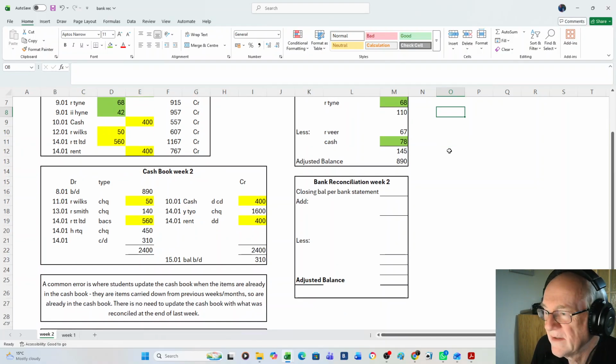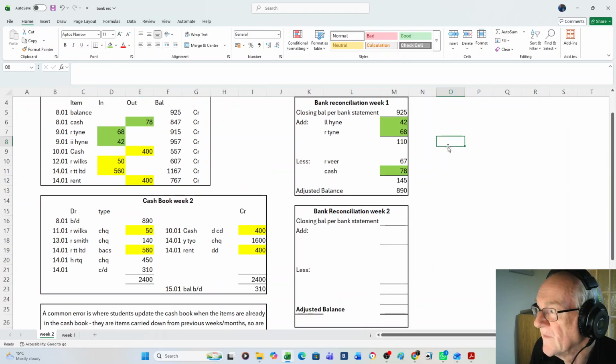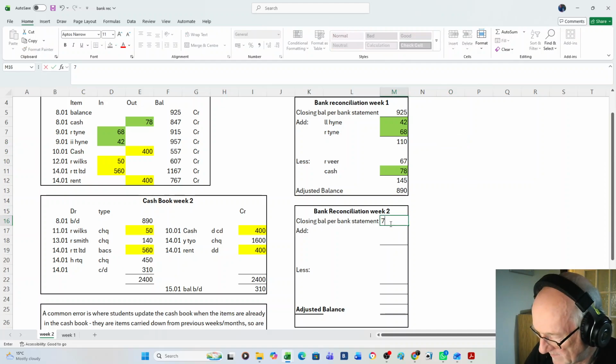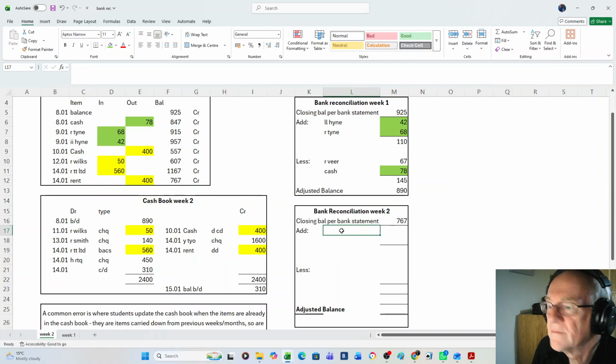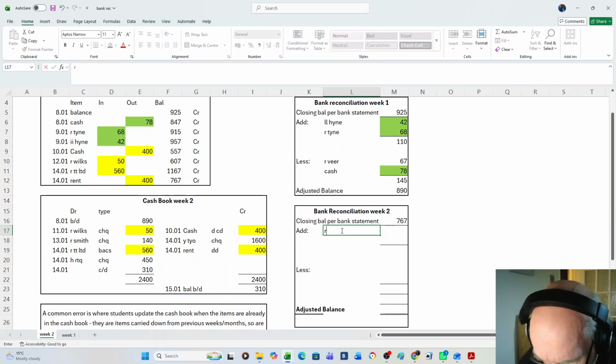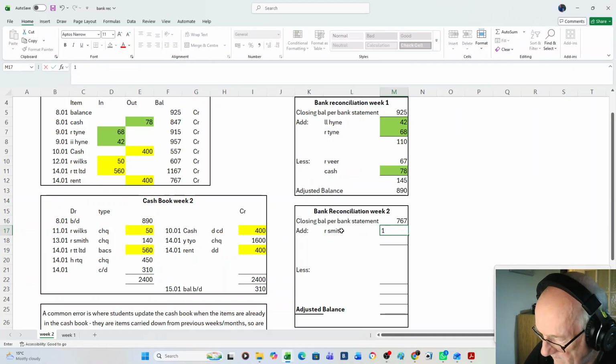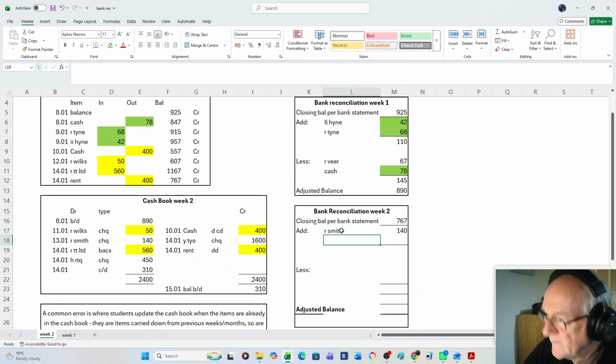Right, so now we can reconcile. There's no updating to do on this one. However, we've still got to work out what to do with that one. Well, yes, we'll see. Right, so the 767, it's the same process. Add the 140.